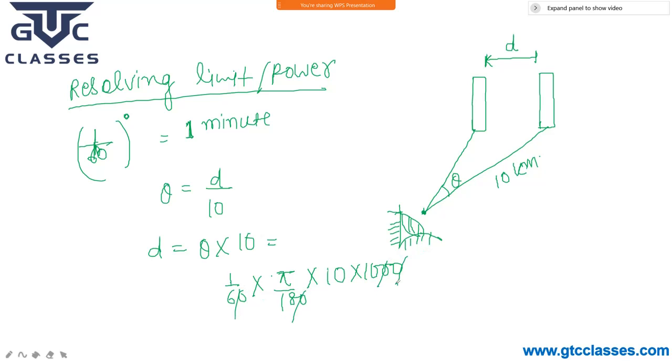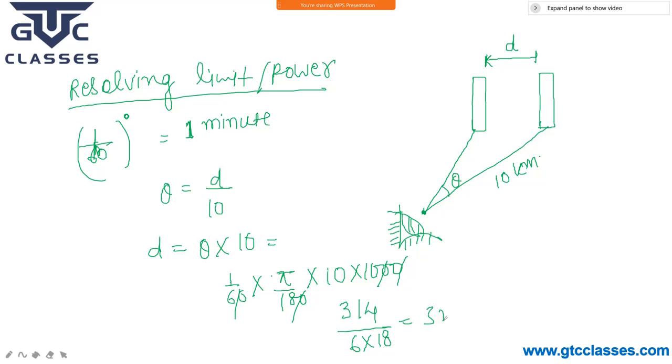Approximately pi is 3.14, so 314 divided by 6 into 18. We just want to get some rough number to get the feel. So we will get approximately 3.